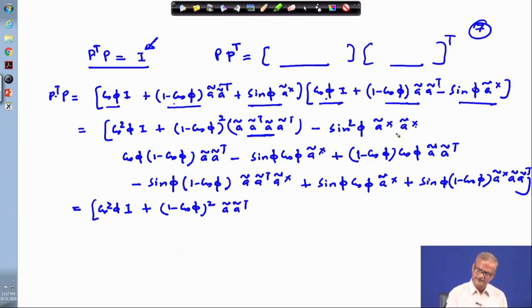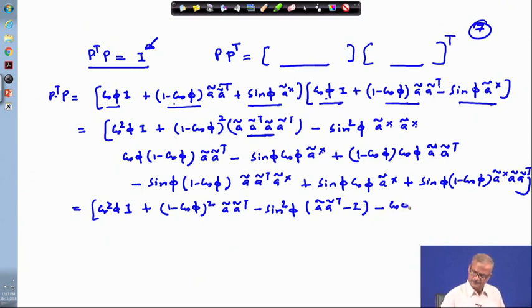This already we have stated that this quantity is A tilde transpose minus I. So, we replace it by this particular one, and then we are left with this term.